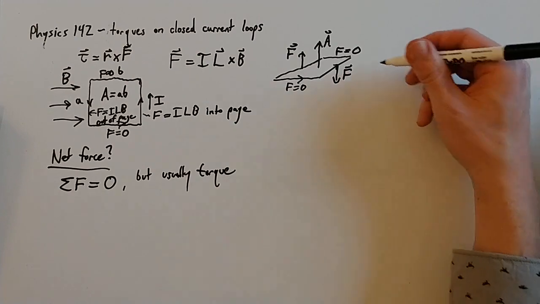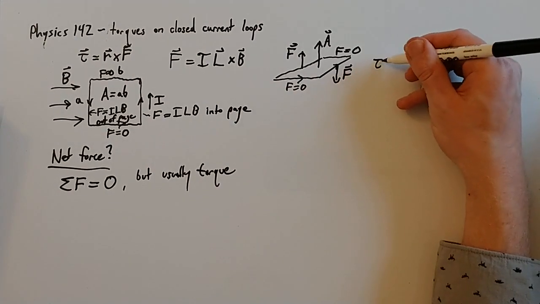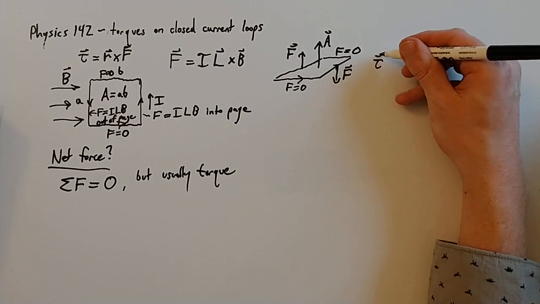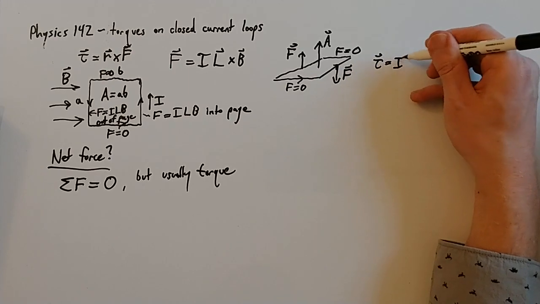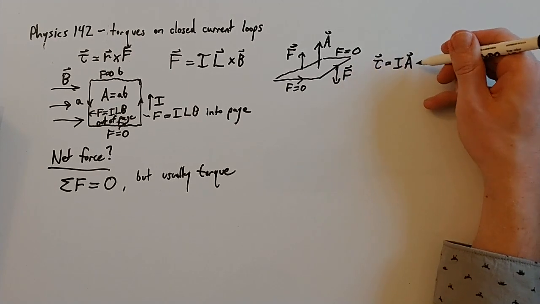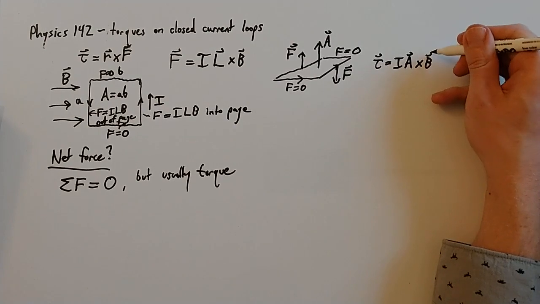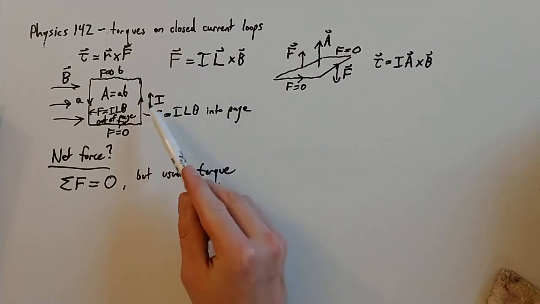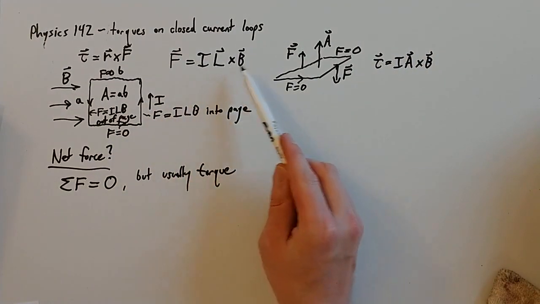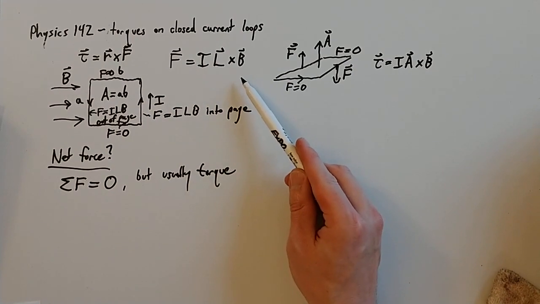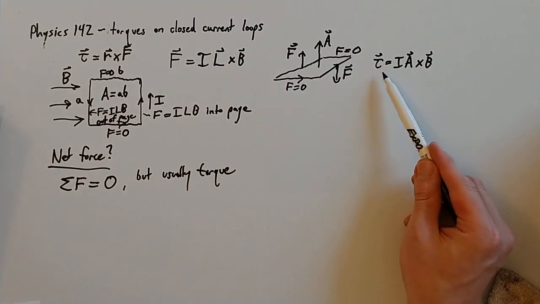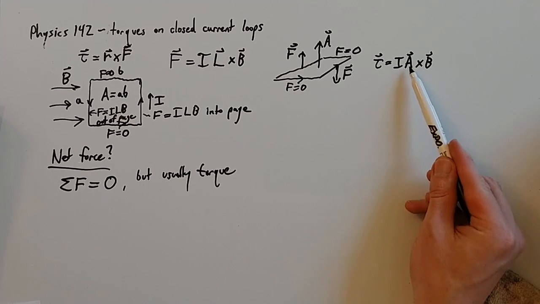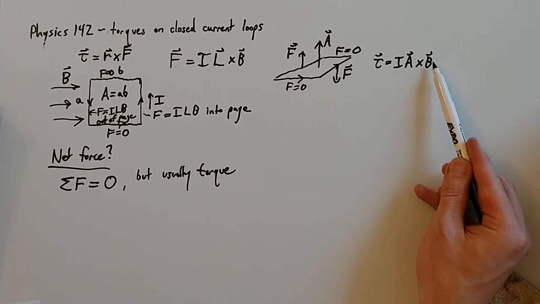All right, let's write this down. The formula for the torque on this closed loop ends up being I times the area vector crossed with B. So just like the force on one chunk was IL cross B, for the torque, the answer is going to end up being I times the area vector cross B.